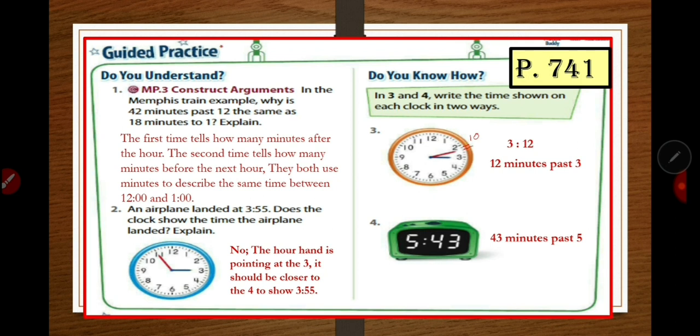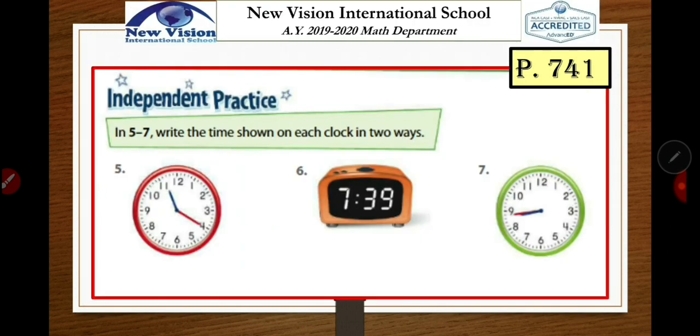So we have 3:12, or we can also say 12 minutes past 3. Do you understand? For number 4, we have 5:43, or 43 minutes past 5, or 17 minutes to 6. Where did you get 17? Always remember that 1 hour has 60 minutes.